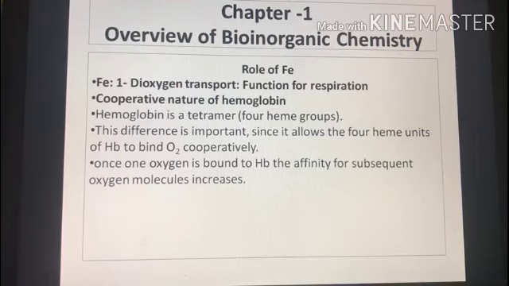Let us study the cooperative nature of hemoglobin. The function of hemoglobin is to bind dioxygen at high oxygen pressure and carry it through the blood to needed areas. It means the reaction is as such: hemoglobin, that is Hb plus 4O2, gives Hb(O2)4, and this further reacts with 4 myoglobin to give 4 MbO2 with release of Hb.